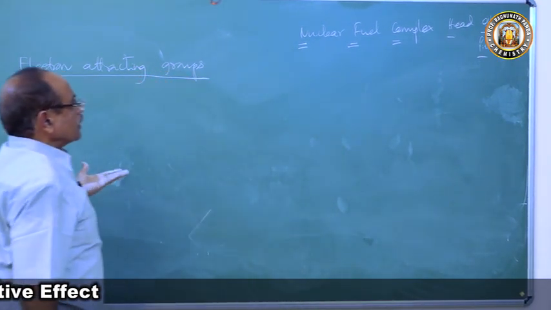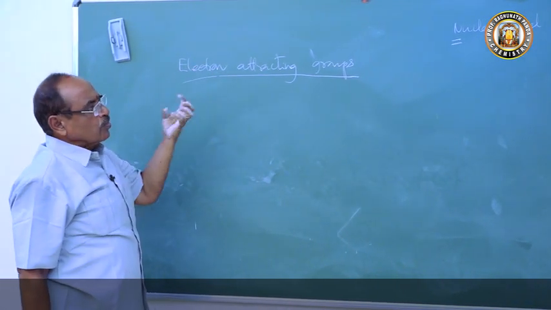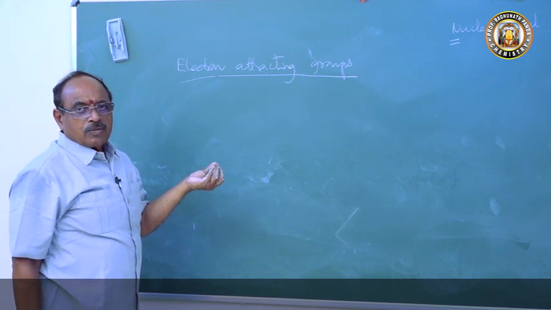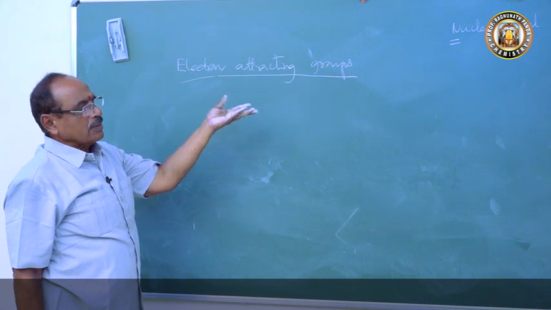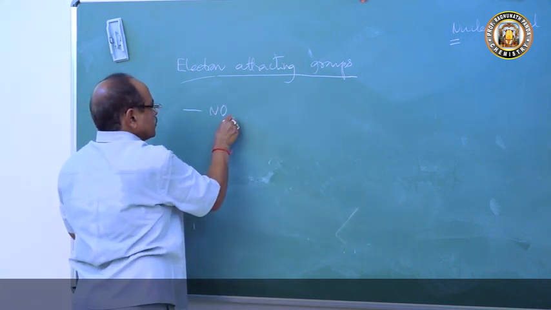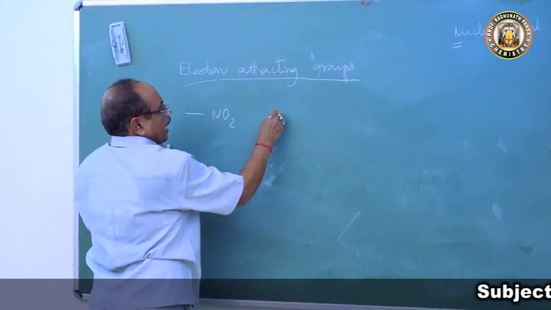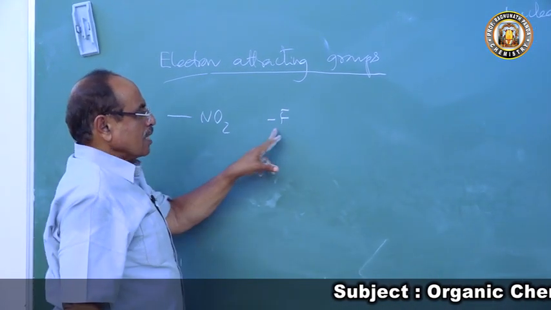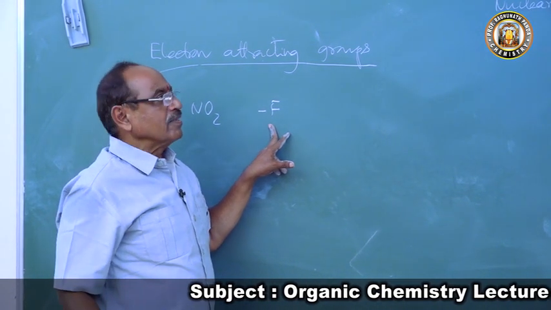So the electron attracting groups are those groups which are more electronegative than carbon. Who are they? N, the nitro group. The nitro group is an electron attracting group. And F is fluorine, which has electronegativity 4, but carbon has 2.5.